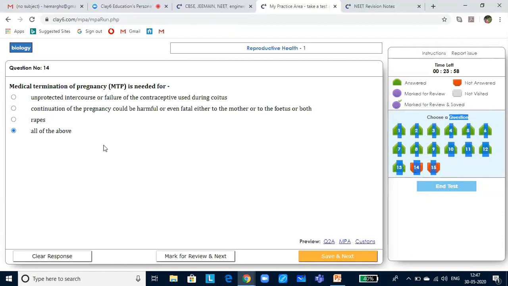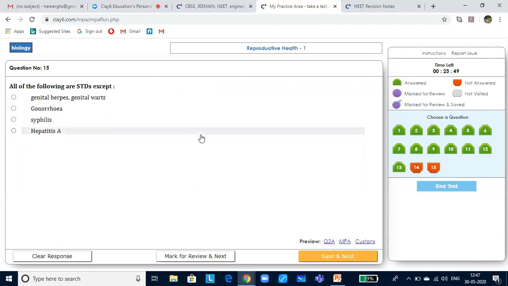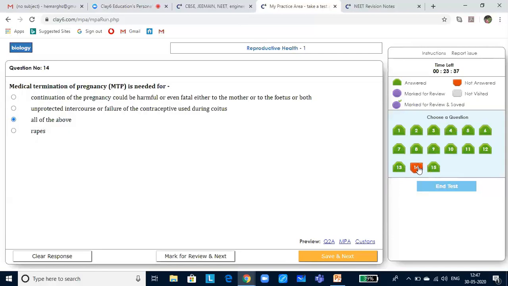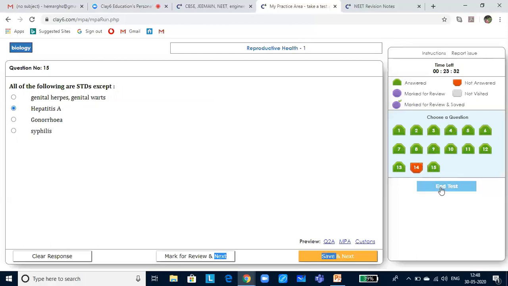Medical termination of pregnancy is needed for all of the above. All of the following are STDs except hepatitis A. Okay, let me end the test.